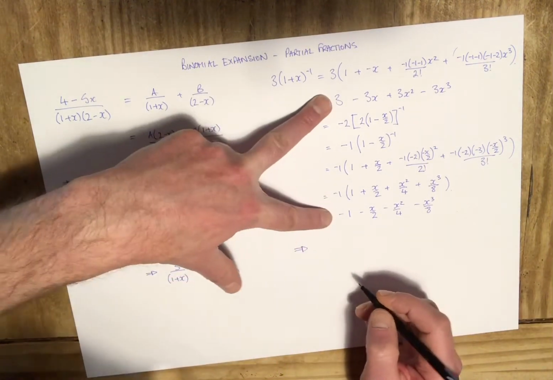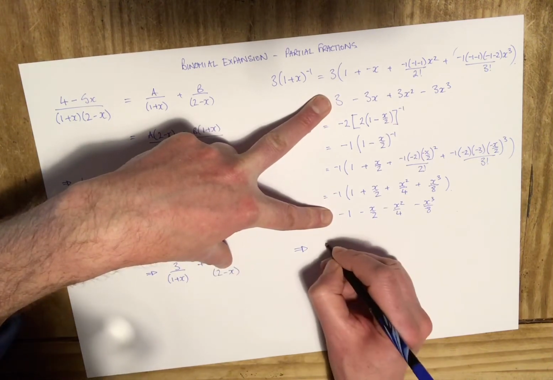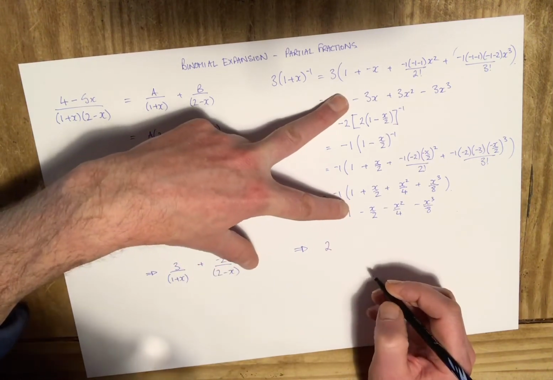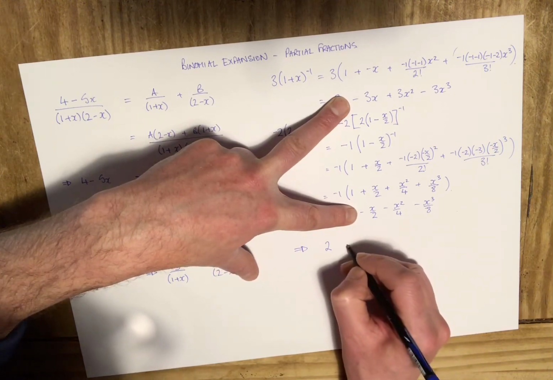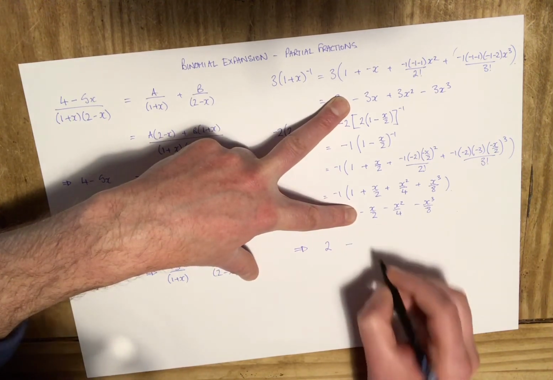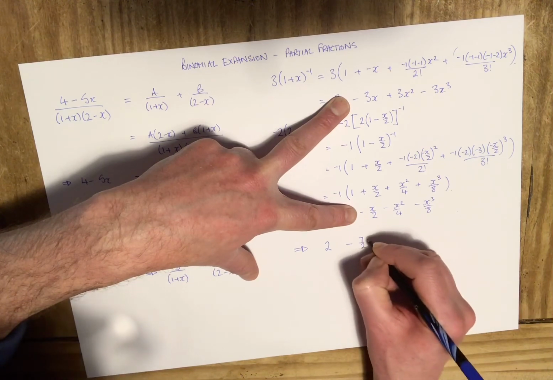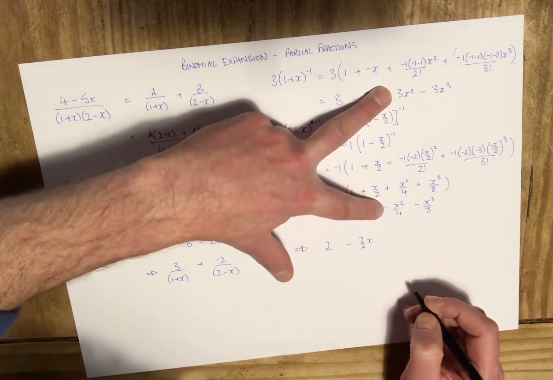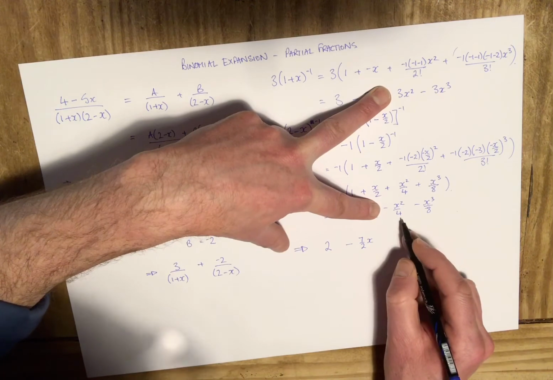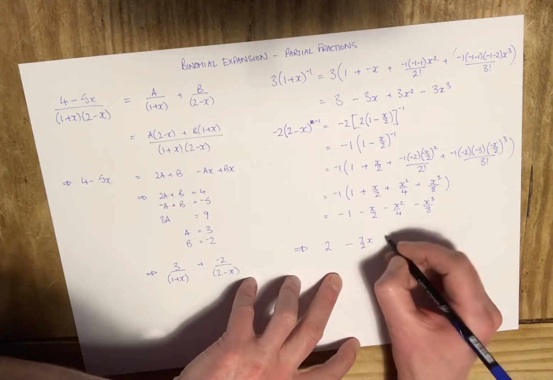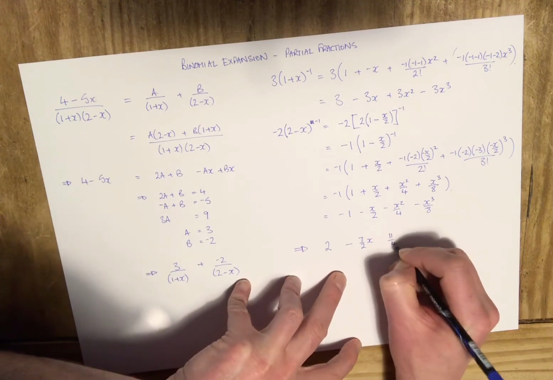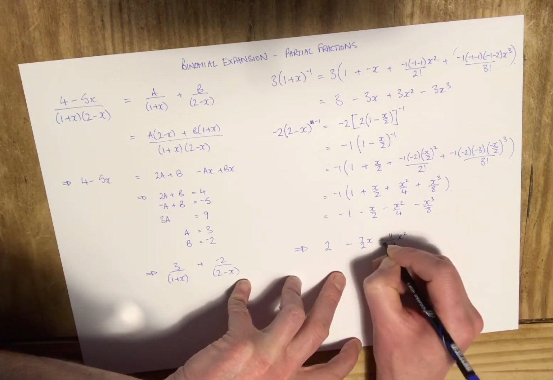Deal with the numbers. 3 plus minus 1 is 2. Minus 3x minus x over 2 is, we ought to write that as minus 7 over 2 x. x squared, 3x squared minus a quarter x squared is going to be 2 3/4. So that's 11 over 4 x squared.